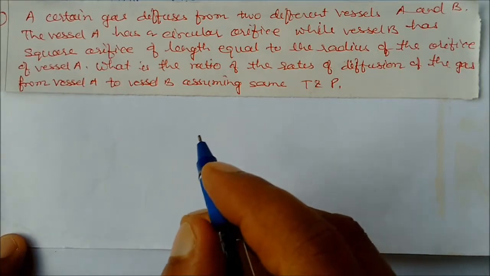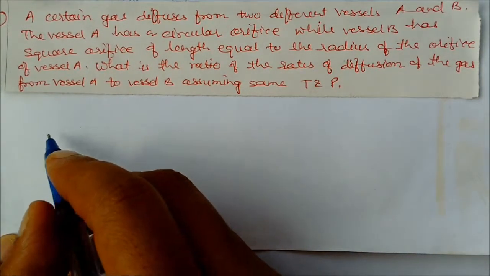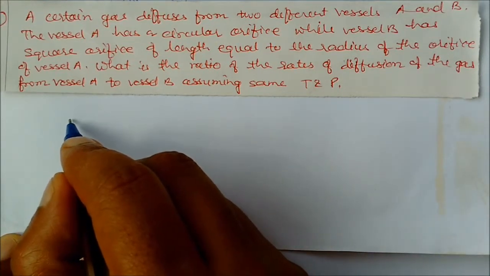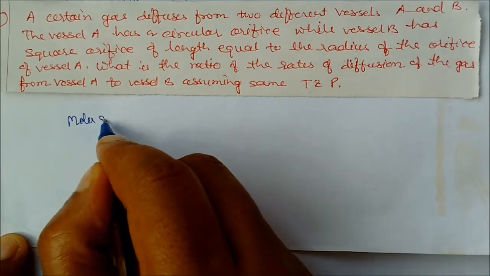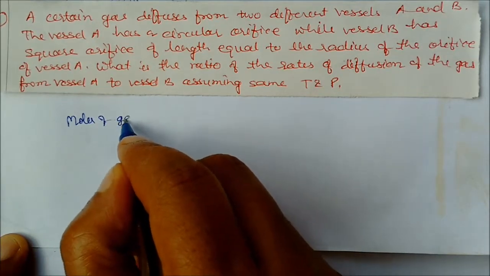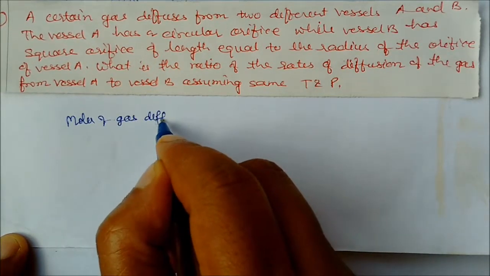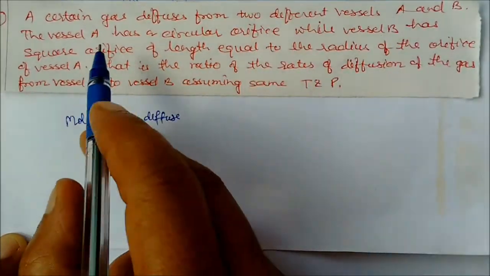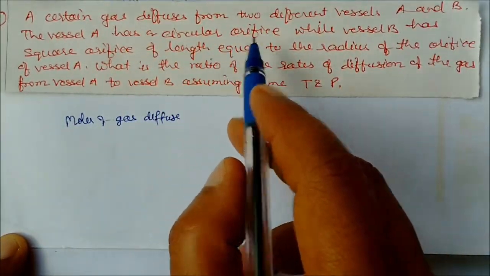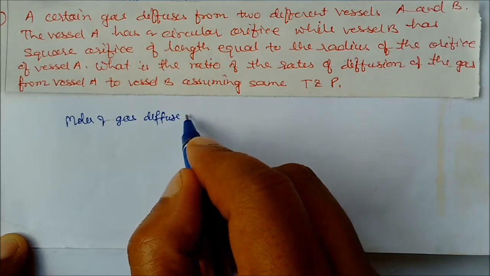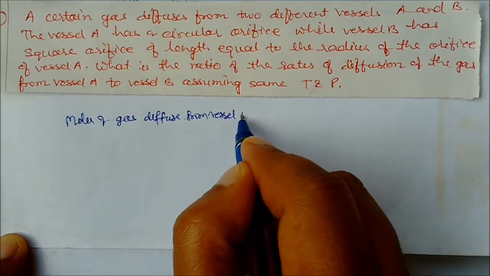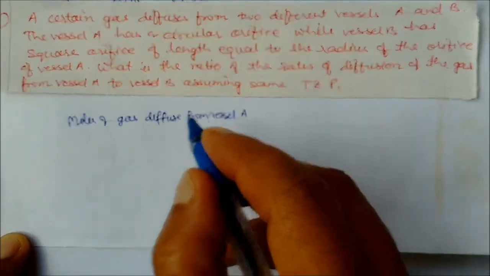So again we can say moles of gas diffused through from vessel A. Vessel A has a circular orifice, so from vessel A, it will be how much?